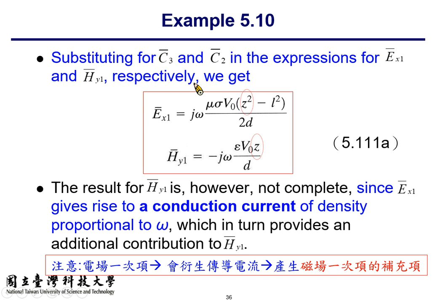So we will apply the J equals sigma times E relationship to find the supplementary first order magnetic field term. It's a little bit complicated here, right?